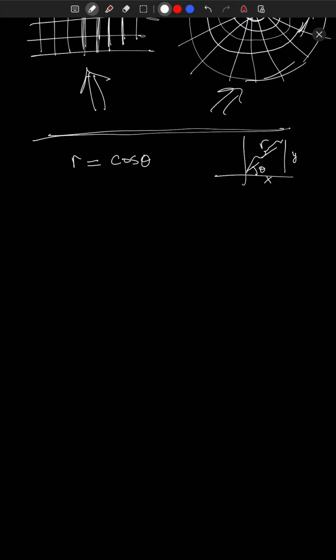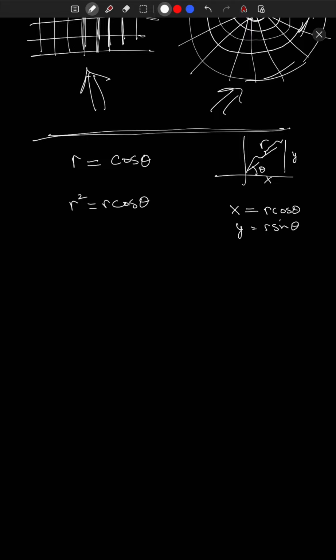this particular one is common enough that we remember this small trick. If I have r equals cos theta, then I can multiply r on both sides. r squared is equal to r cos theta. And the reason we do that is because this is one thing that we should always be remembering when we work with polar coordinates. x equals r cos theta, y equals r sine theta, right?